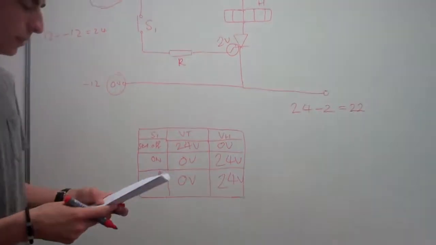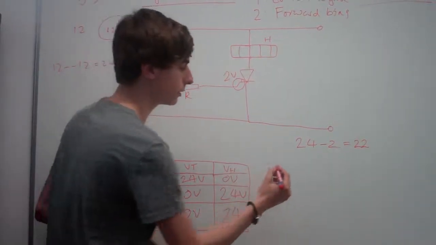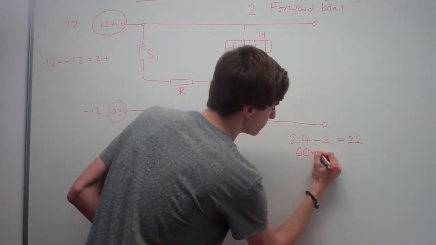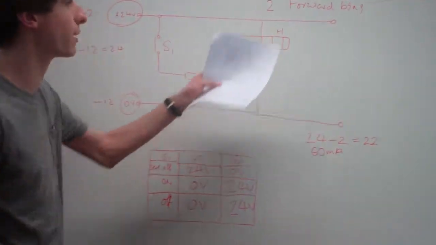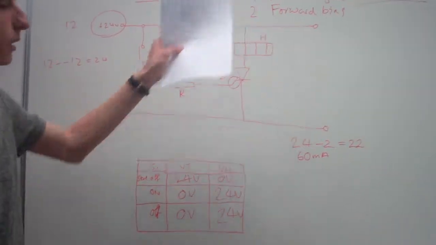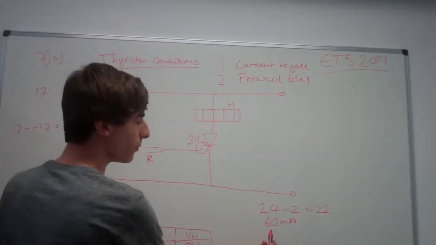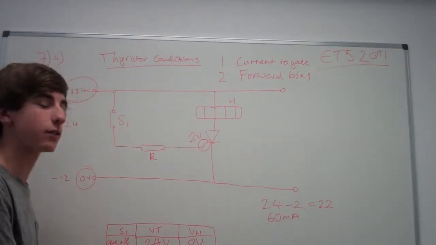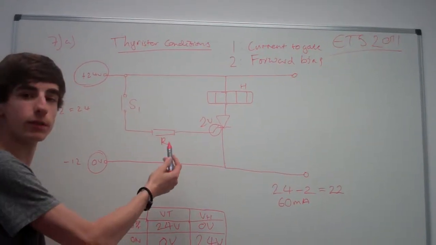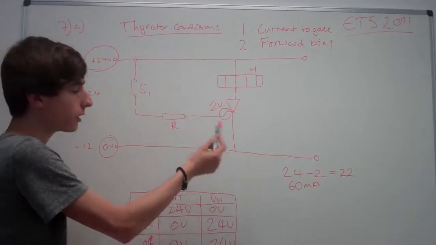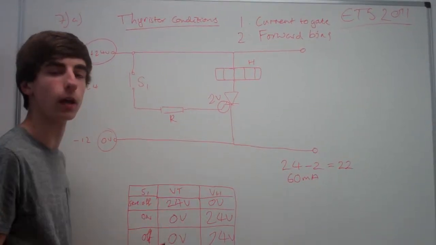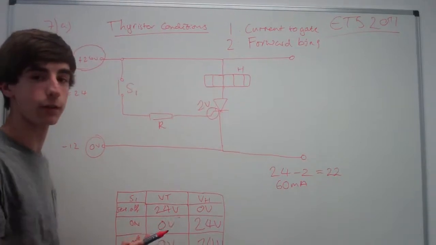So it then says we have to have a minimum gate current of 60 milliamps. Now if you think to what we were saying before about current to the gate, that means that the minimum that can be is 60, which means that we're working out the maximum this resistor can be, because if it went any higher, the gate current would be too low to make the thyristor conduct.